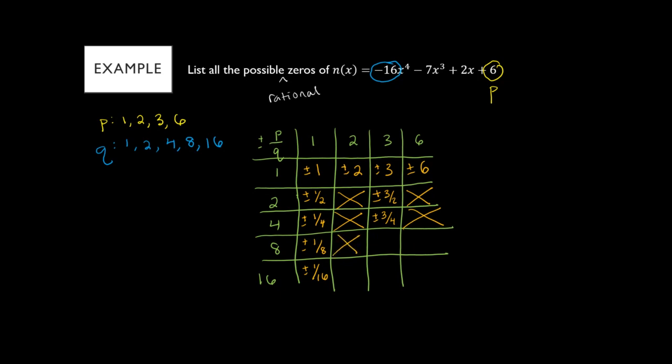That's written down. 3 over 8, that's a new one. 6 over 8 is 3 over 4, that's written down. And then 2 over 16 is 1 over 8. 3 over 16 is new. And then 6 over 16 is 3 over 8, so that's already written down.